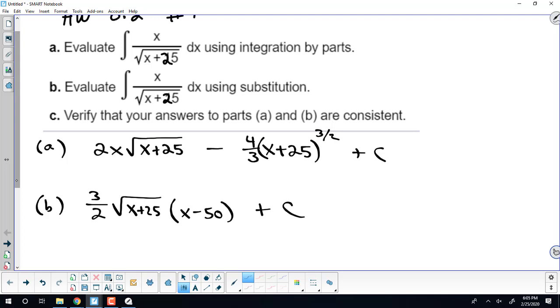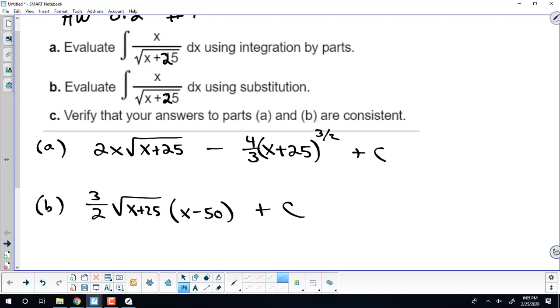But to verify that these answers of part A and B are consistent, I guess there's two ways we could verify that. We could try to figure out if algebraically these things are the same. But yeah, I don't know, that kind of troubles me. Verify.